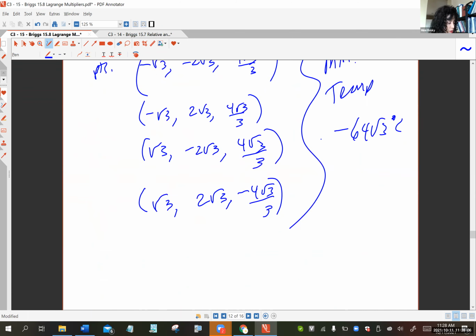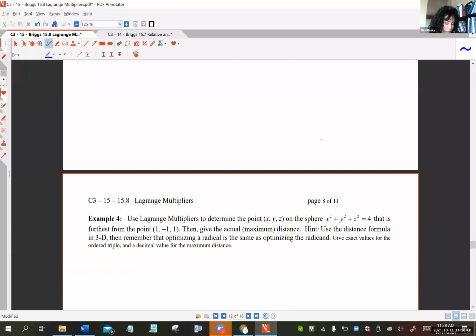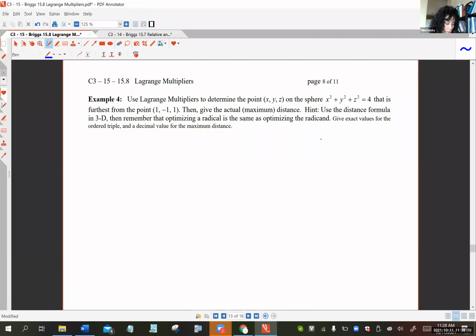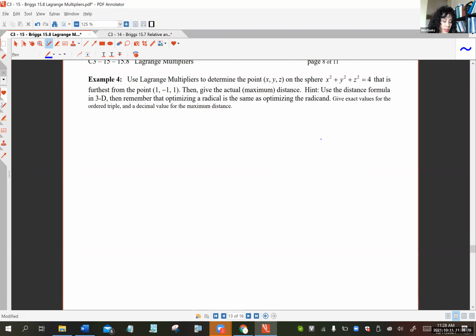So I'm going to go over one extra thing and one other problem, and then I'll finish for the day. This is important because this is finding distance, and then I'll finish Lagrangian next time. Okay, but distance is really important. When you're working in 3D, we already know a few distance formulas. You know how to find the distance between 2 points. That's just the distance formula, which we're actually going to use here.